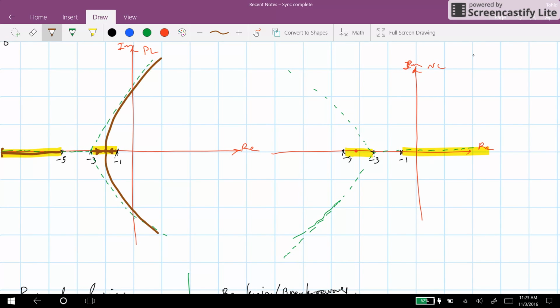For the negative locus, one branch will start from minus 1 and go towards plus infinity, and the other two branches will go towards each other. They will meet at the breakaway point, and then they will go towards infinity using the asymptote that we have already drawn.